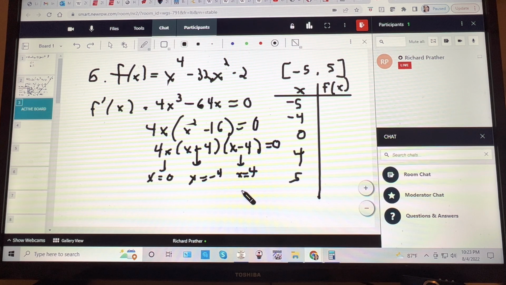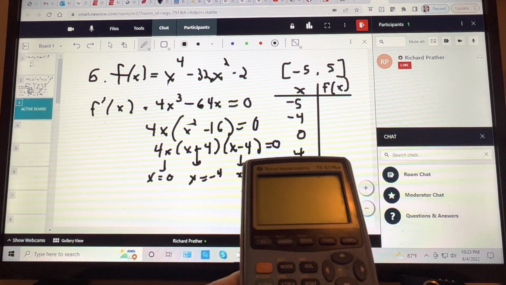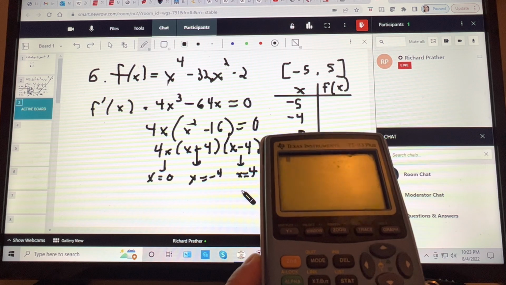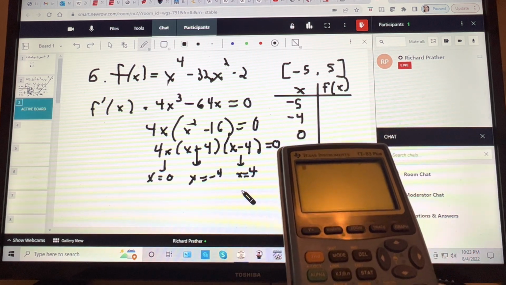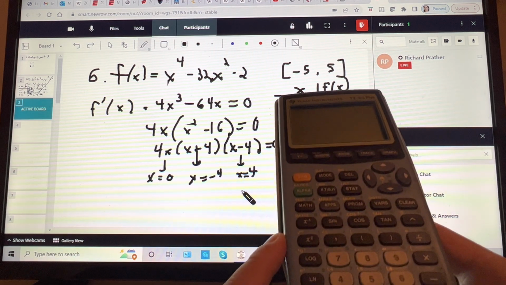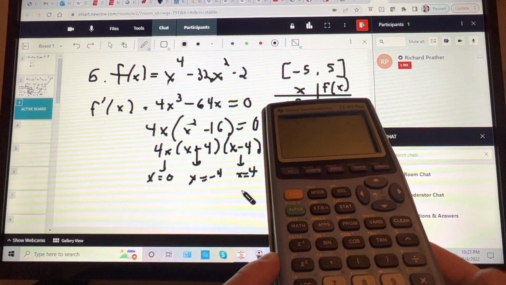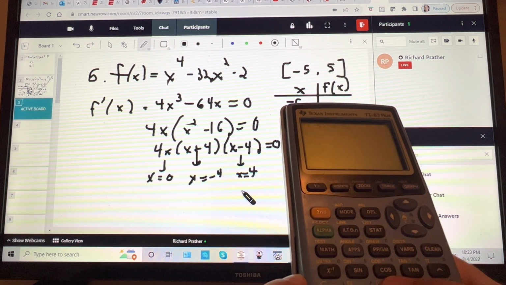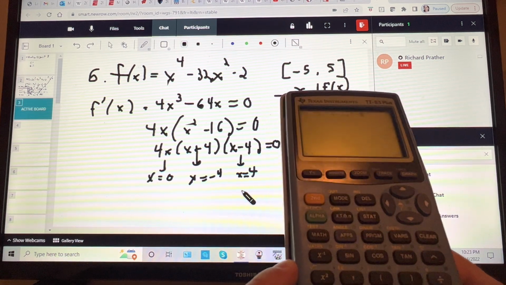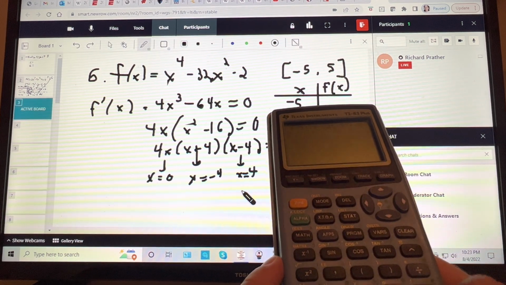There can be some ties, but this is where having a calculator that can do this quicker helps a lot. I need to plug in -5 first, so parenthesis -5 parenthesis raised to the 4th power minus 32 parenthesis -5 squared minus 2.